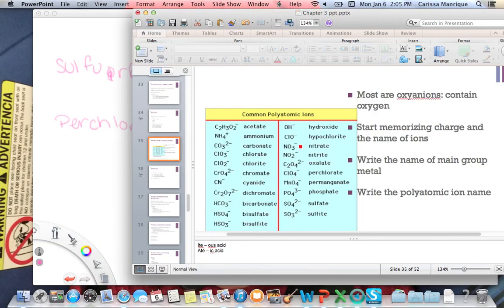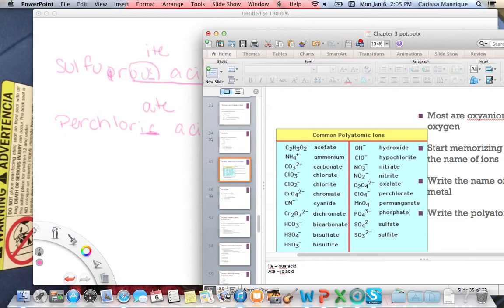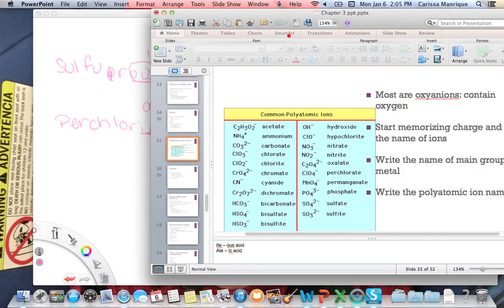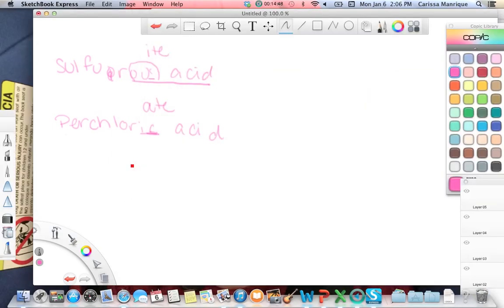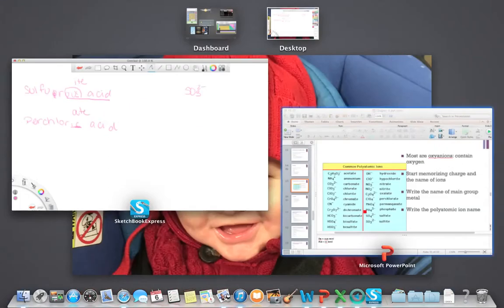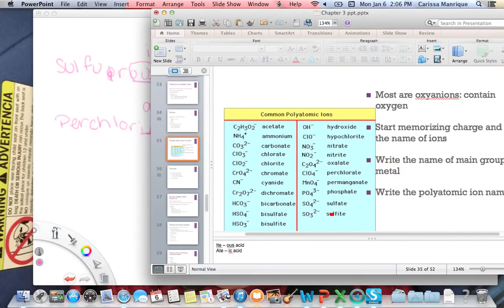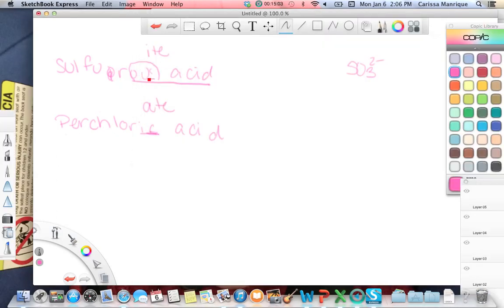Okay. So we're looking for, what was it again? Sulfite. So SO3, 2 minus. Again, that was right here, sulfite. And how do I know it was sulfite and not sulfate? Because this was an -ous acid, so it had to be an -ite.